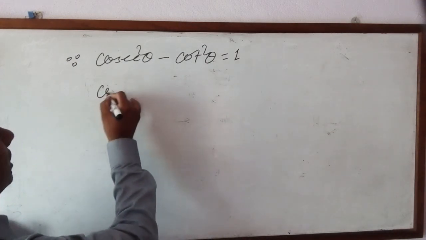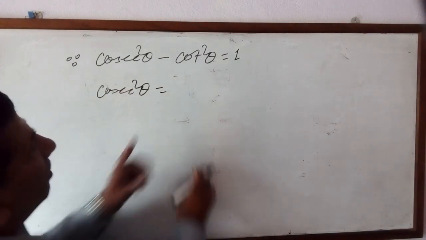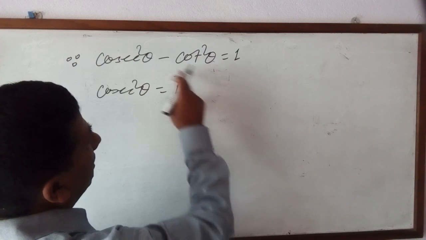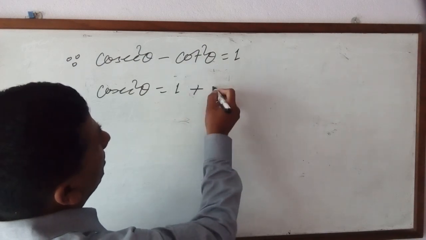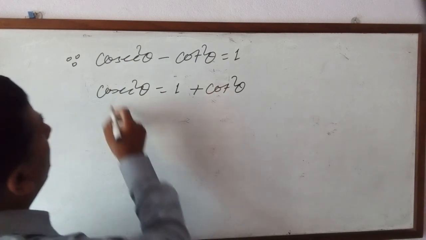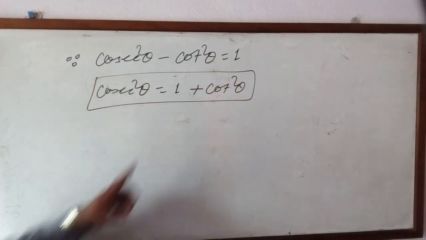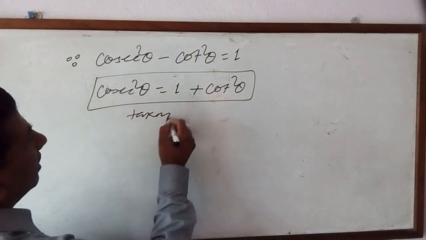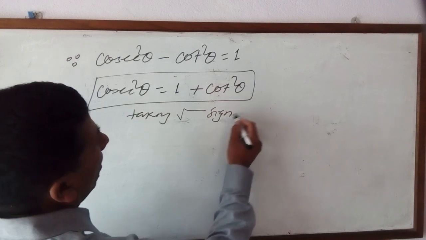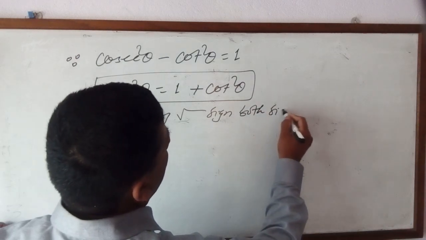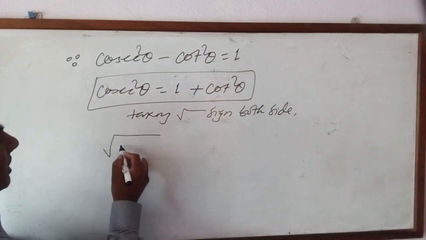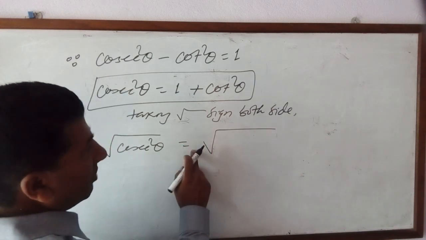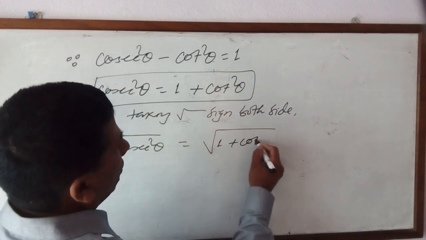Now since cosec square theta equals to, now cot square theta, take that side, it will be 1, same side, when it goes that side it will be positive, plus cot square theta. Now cosec square theta equals to this. Again, do not think these two are different formulas, this is the same. Now again taking root on both sides, left hand side will be root under cosec square theta, and right hand side also root under, here we can write plus minus, 1 plus cot square theta.